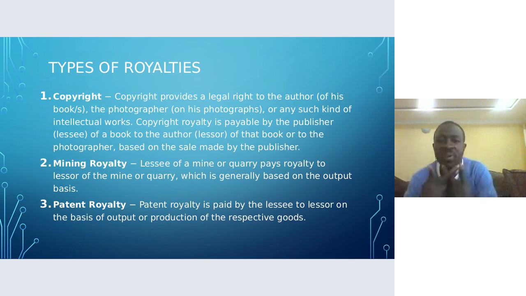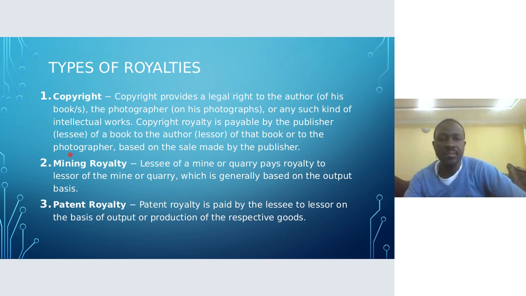Now, the copyright royalty is payable by the publisher, who is the lessee of a book, to the author. Now, the author is the landlord or the lessor of that book, or the photographer. It is always based on the sales that are made by the publisher.